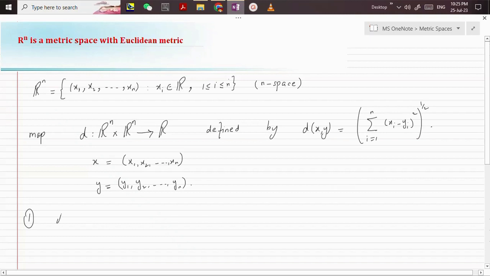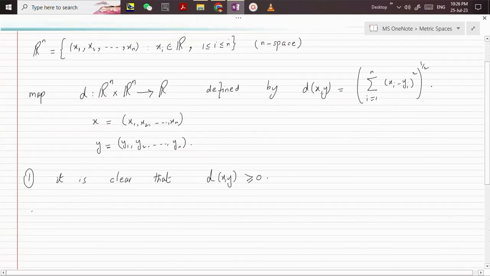So it is clear that d of x, y is non-negative. Non-negative means if a real number t is non-negative, then t must be greater than or equal to 0.